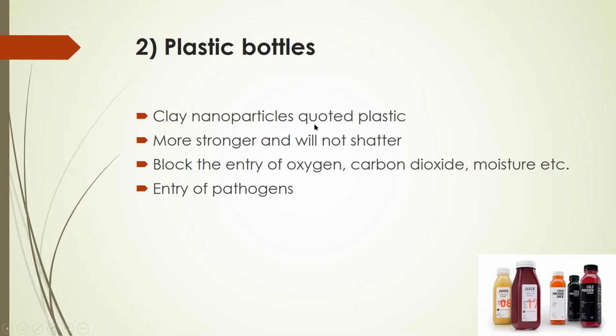So we can also coat the plastic materials used in plastic bottles with clay nanoparticles. Once we coat them, they would provide more strength to the plastic bottles, and if these bottles fall down or there is some sort of injury to them, there would be no shattering of the plastic bottles.